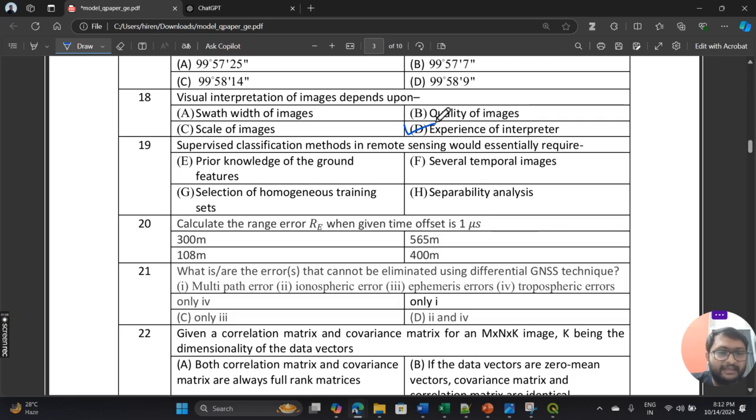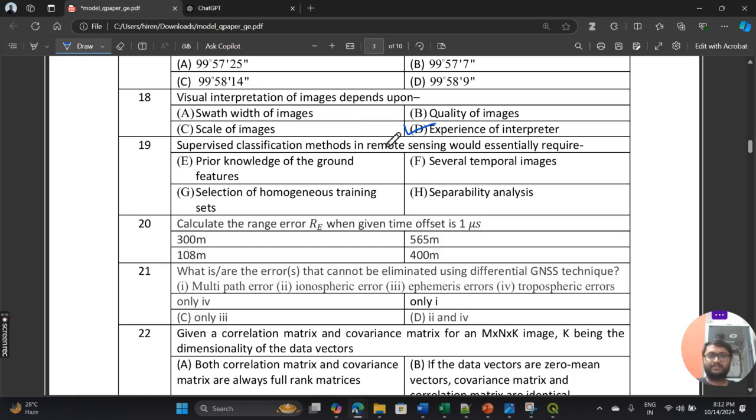If quality is not that good, but the person analyzing the image is experienced, it works, because it's visual image interpretation, not automatic classification or automatic identification of different objects. If it is something automatic, quality will matter. But in visual interpretation, the experience will matter a lot rather than other factors.